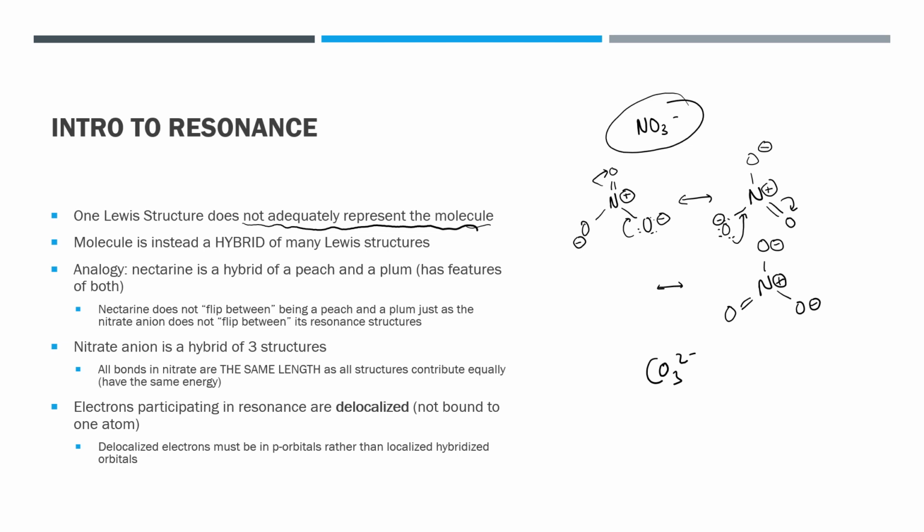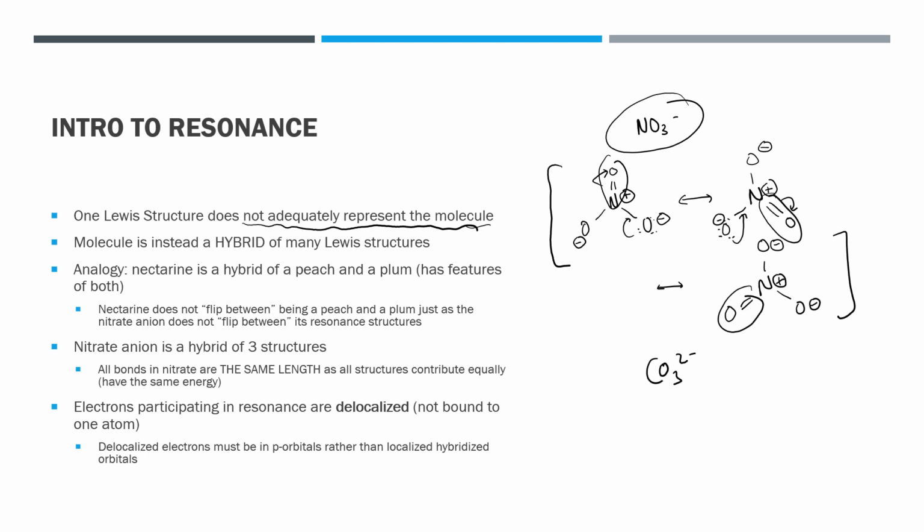So with this nitrate anion, we have this nitrogen bonded with 3 different oxygens, and only one of the oxygens has a double bond. But which one of the oxygens has the double bond is arbitrary. We could have the double bond be connected to the top oxygen right here, or the bottom right, or the bottom left.